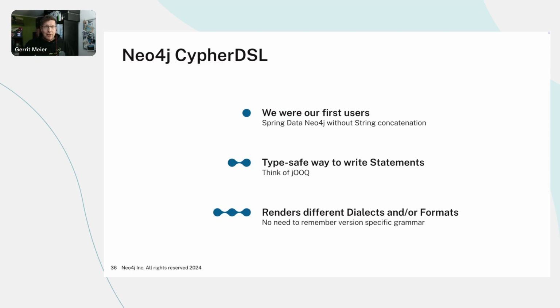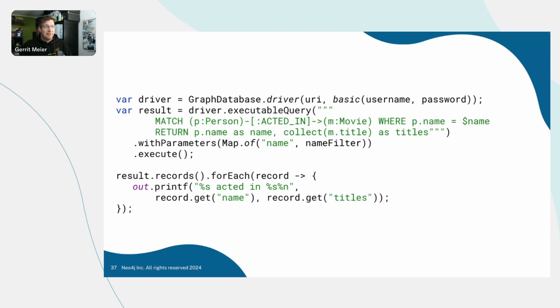For example, we support the element ID function. The element ID function just got introduced in Neo4j 5. But so that you can still have valid Cypher, we try to come up with a substitution. Of course, it's not great for your index usage, but you will get, for example, toString for ID, so you can be at least sure that you get a string back in this case. And I think that's valuable.